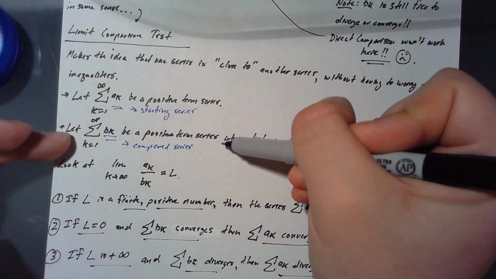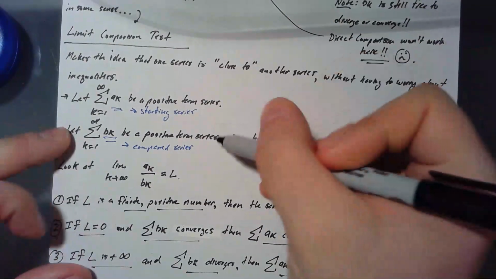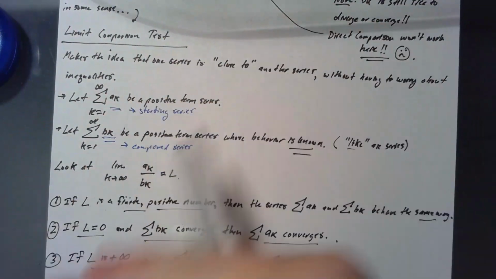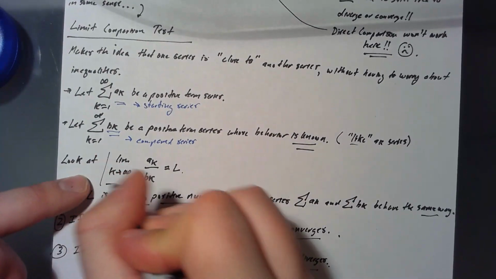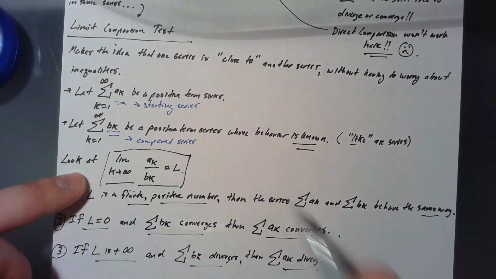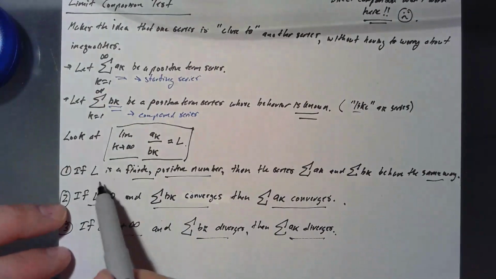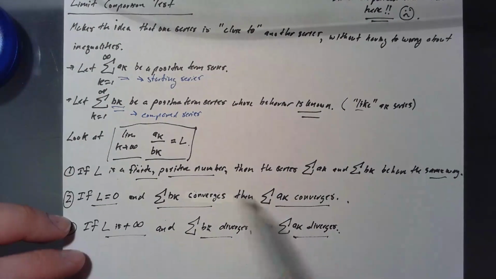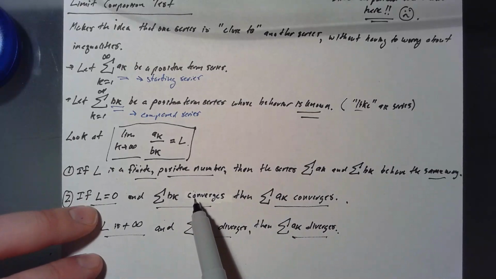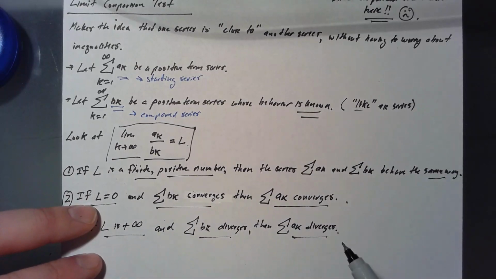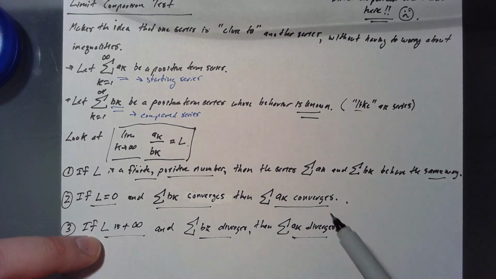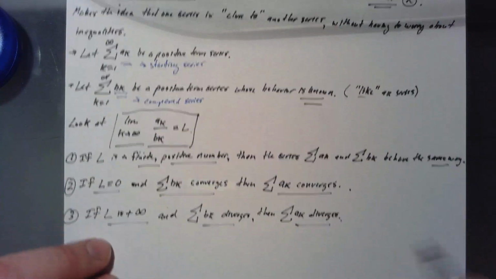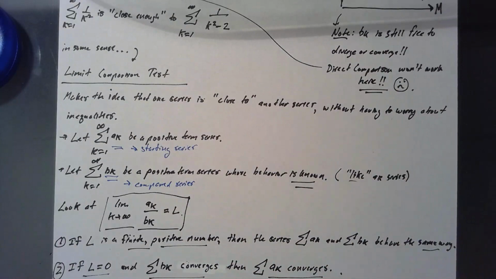If I compare it to something that's like it, close to but not too different, and I take the limit of that ratio, I get one of three possibilities. I get a finite positive number, they behave the same way. If I get 0 and the one I compared to converges, then the one I started with also converges. If I get infinity and the one I compared it to diverges, then the one I started with also diverges. All right, so let's see it in action.